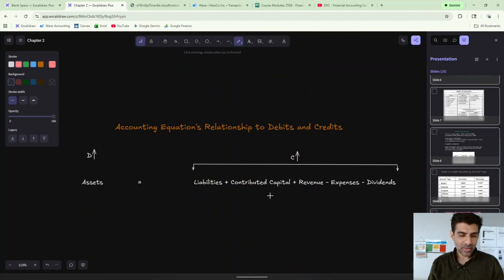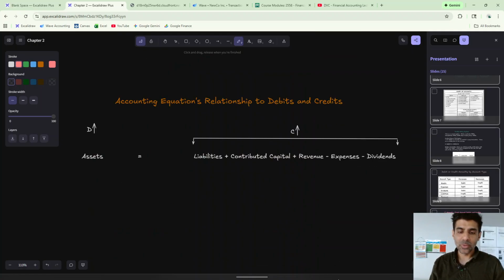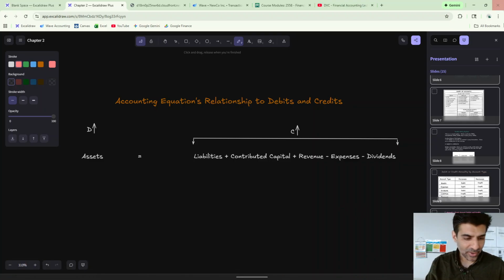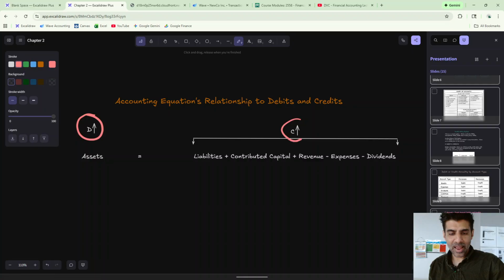So this is actually related to the accounting equation. I'm writing it out here. I'm showing that this left side is the debit up, meaning that anything on the left side of this equation, if it's increasing, it's going to get a debit. And on this side, anything that increases is going to get a credit.